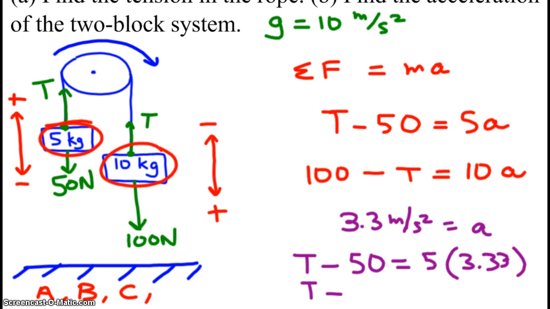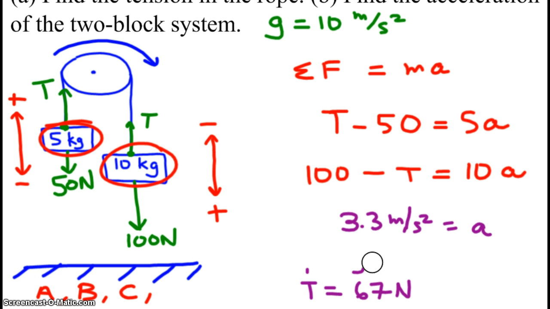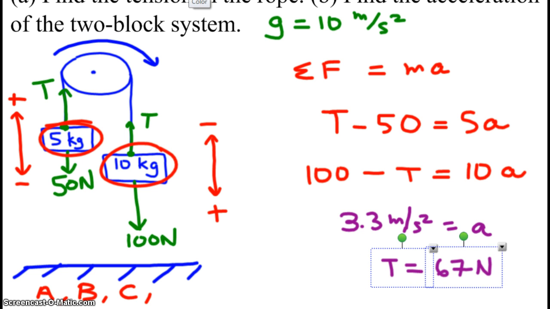I add 50 to both sides, and what do I get? 66.6 repeating, or let's just call it 67 newtons. And that is how you solve for the two unknowns, tension and acceleration. These are our answers, and that concludes the video.